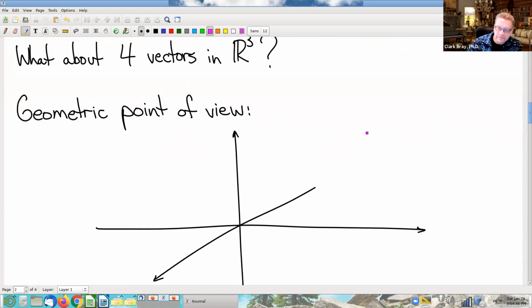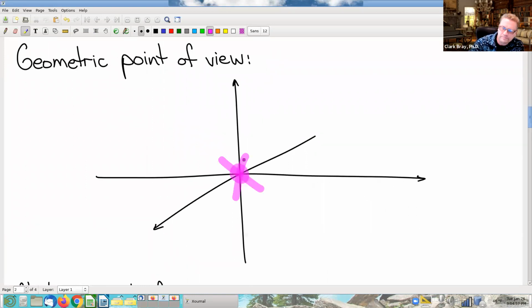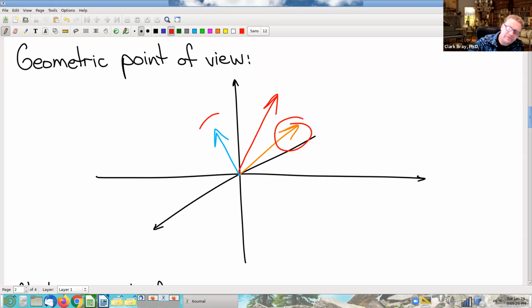And we can still play through and think about, if you have 4 vectors in R3, the various different cases, such as, well, we know we can't have the 0 vector. Okay, so that first vector we'll say maybe is like that. And then the second vector, again, can't be a multiple of that. So maybe it points over here. Now here's where it gets kind of harder. The third vector, well, I can't have that third vector be a combination of these 2 vectors.